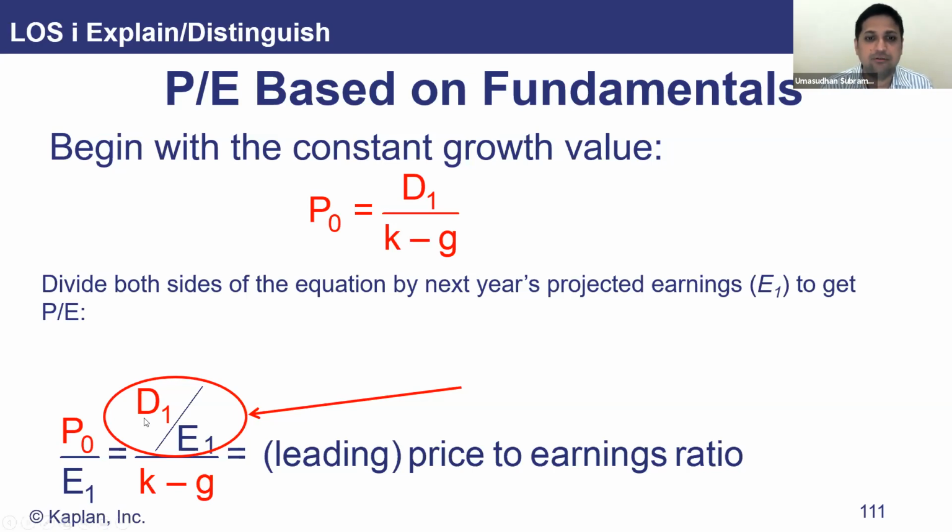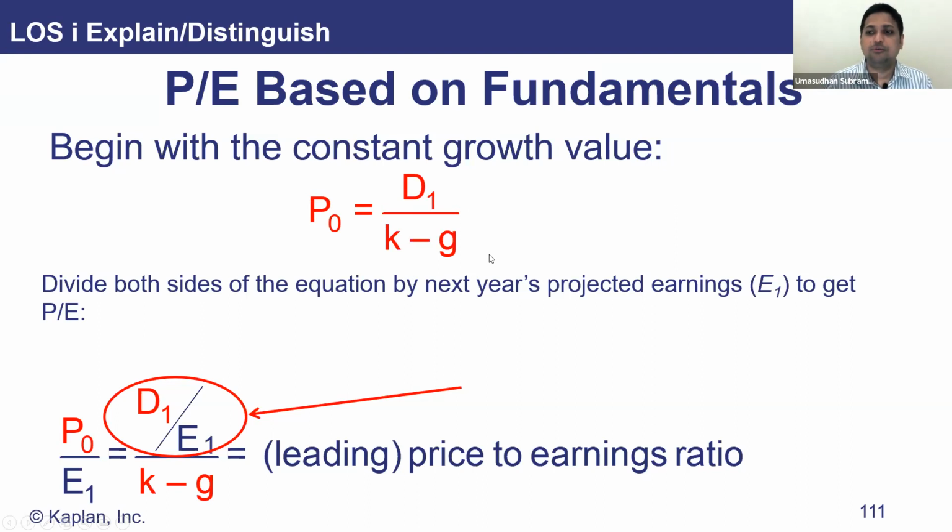So what we are going to do here is start with the constant growth model. Where did we speak about the dividend discount model, the constant growth model? Today's share price is based on tomorrow's dividend divided by cost of equity minus your growth rate.